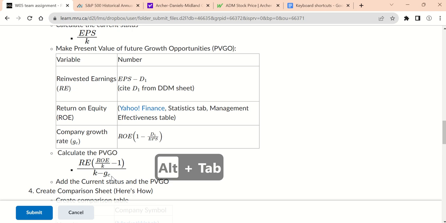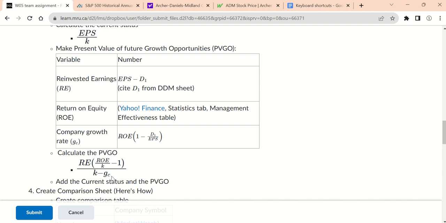And that is the EPS minus D1. D0 is the most recent one. D1 is the future one. So in our case, because 2023 has not finished yet, 2023 is considered the future.